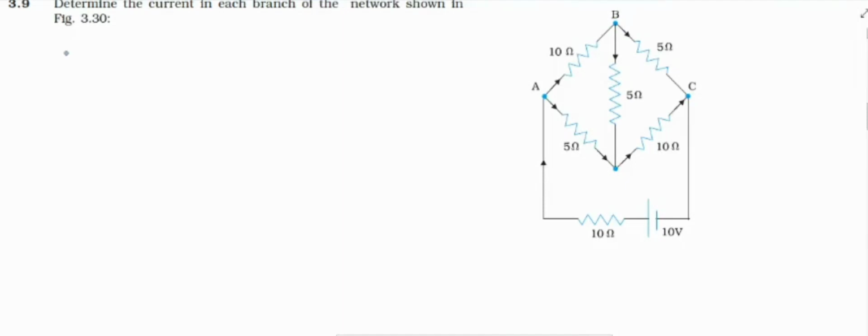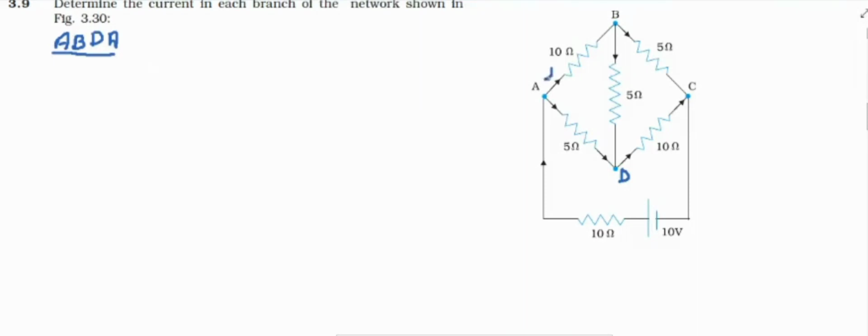So now we have to take the loops. First I am going to take the loop A, B, D, A. This point, whose name is not given, take it as D. Values of current we need to take.